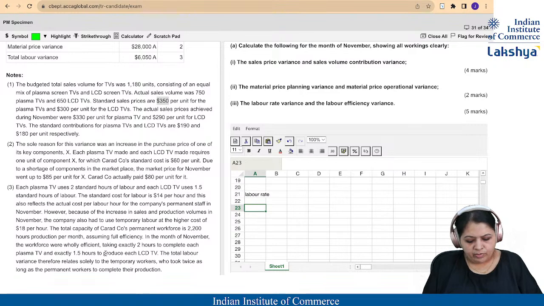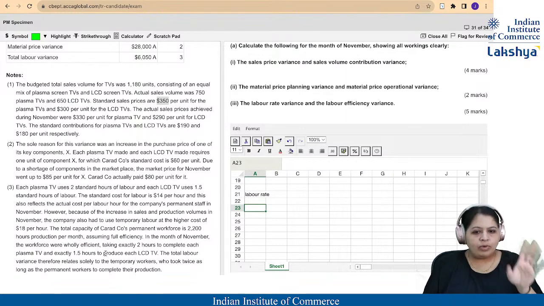Now, if we are finding the labor rate variance, it's basically standard labor rate minus actual labor rate into actual hours worked. Actual hours worked for temporary staff is going to be figured out. So first we need to find out how many labor hours are required. Plasma requires 2 hours and LCD requires 1.5.